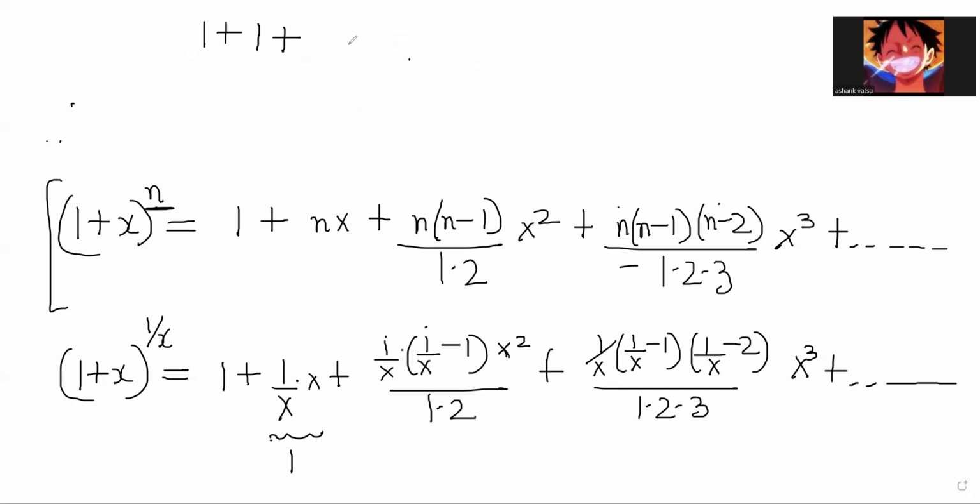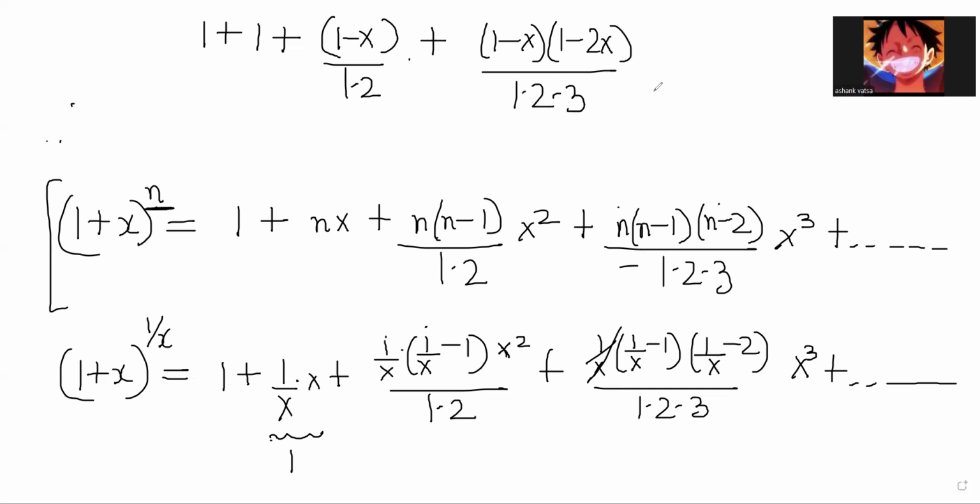You will get x 1 minus 1. देखो 1 minus x, I'm wrong, 1 minus x आएगा ऊपर में by 1 into 2, right? थर्ड टर्म में क्या आएगा, x इससे cancel हो जाएगा, एक इससे आएगा, तो 1 minus x multiplied by 1 minus 2x, right? ऐसे करके आ रहा है ना series. And this is equal to 1 plus x to the power 1 by x, right?